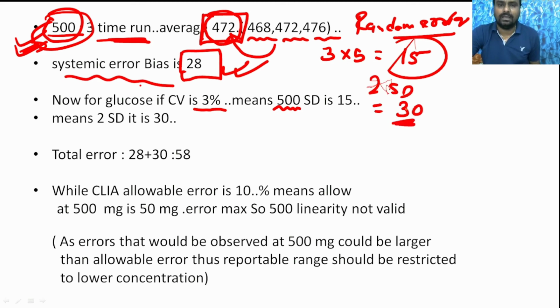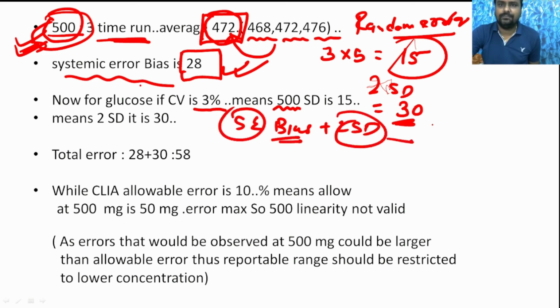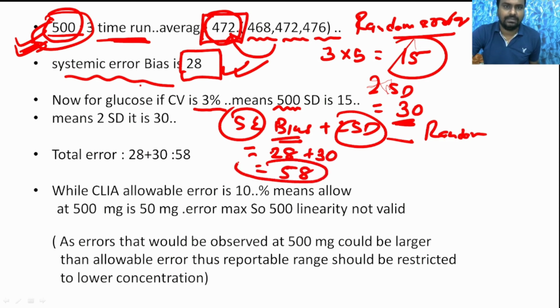So for the total error, the bias plus 2 SD, this bias is the systematic error, while 2 SD is the random error. So here total error is systematic error plus random error, so 28 plus 30, that is 58 milligram per deciliter.